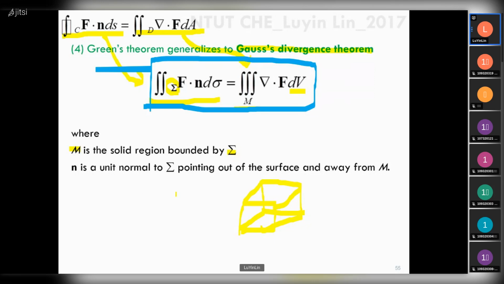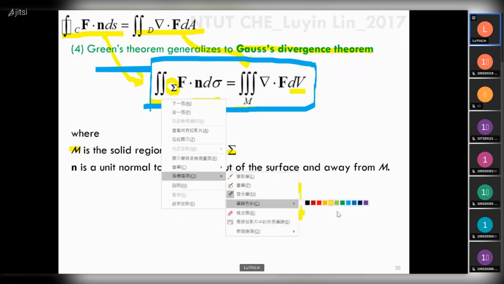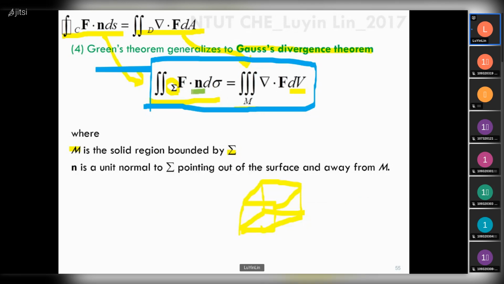Okay. Also, another important thing: N is important and N is hard to calculate. The most difficult part to calculate is N. N is a unit normal vector, normal to sigma, and pointing out of the surface, away from M. Let me show you again.